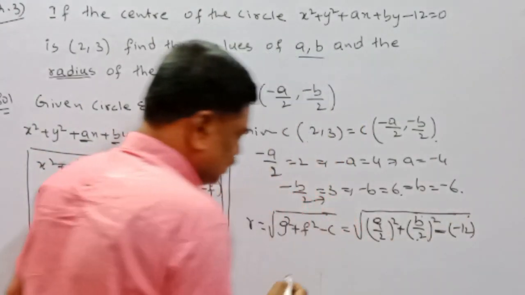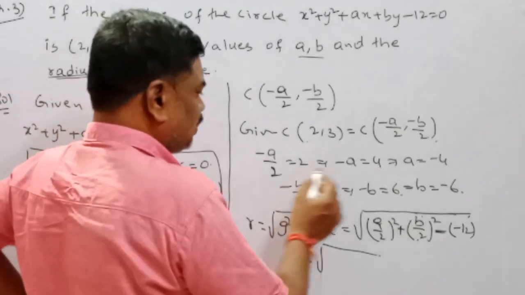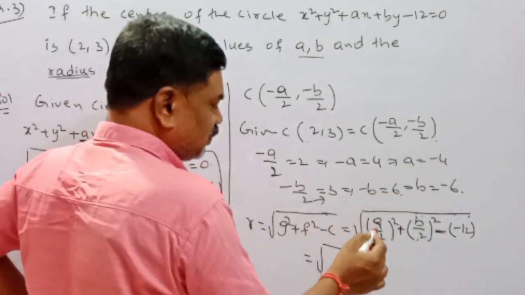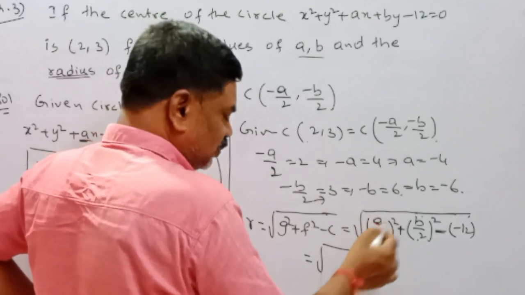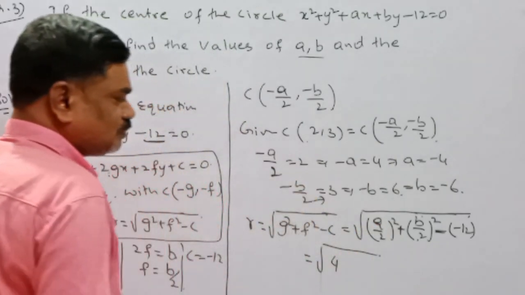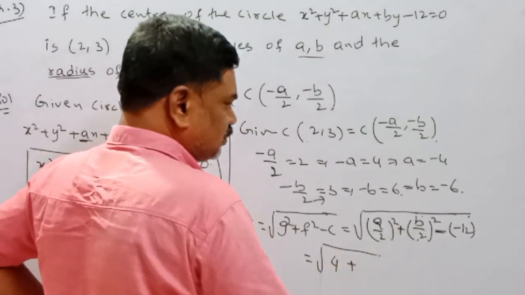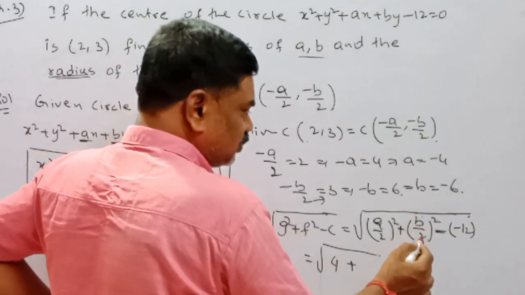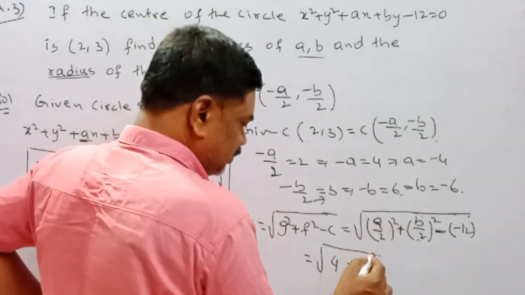Minus 12 is equal to root over, a is equal to minus 4, so minus 4 by 2, that is minus 2 whole square, 4, plus b is equal to minus 6 by 2, that is minus 3, 3 square is 9.